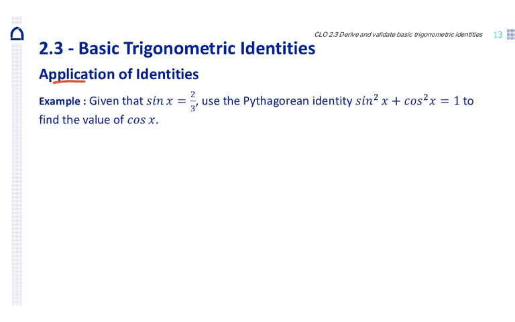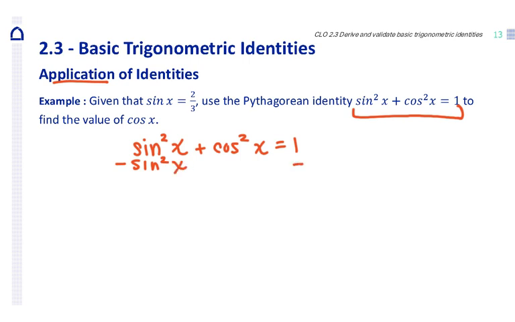Okay, let's do an application question where we have this Pythagorean identity and we want to find the value of cosine x. So sine squared x plus cosine squared x equals 1. Let's subtract sine squared x from both sides. And we've got the fact that cosine squared x is just 1 minus sine squared x. Okay, well, let's replace what we know.